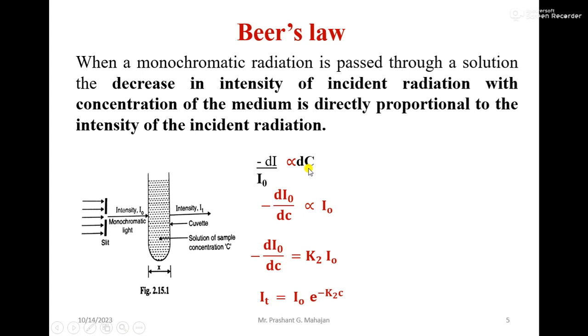After integrating, you will get IT is equal to I0 into e raised to minus k2c. So Beer's law depends on the concentration of the solution. As the concentration increases, the intensity of incident radiation decreases.